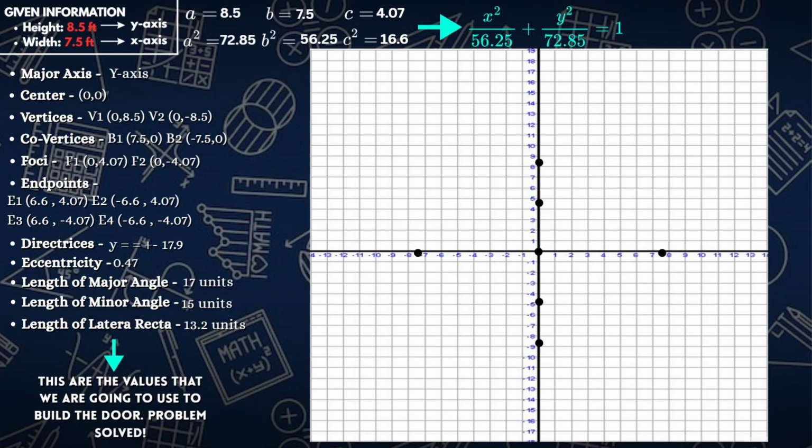Let us now locate our endpoints. Our first endpoint is at (6.6, 4.07), located in the first quadrant of our plane.